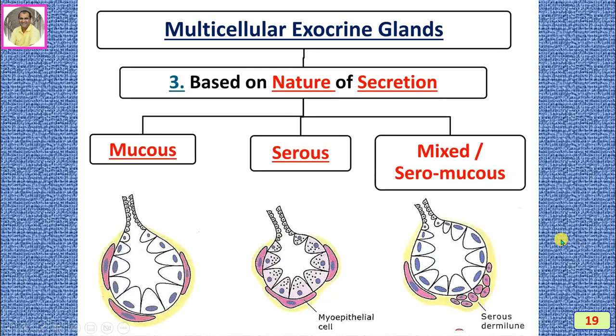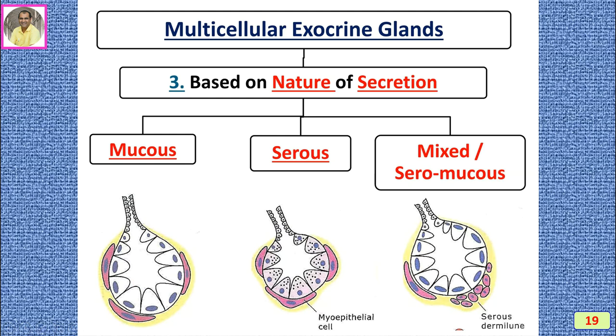Whereas the multicellular exocrine glands are also classified based on the nature of secretion: mucus, serous, and the mixed type, seromucous. Here you can see the mucus is only secreted in such types of glands.